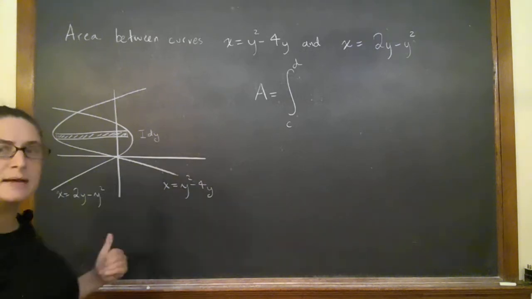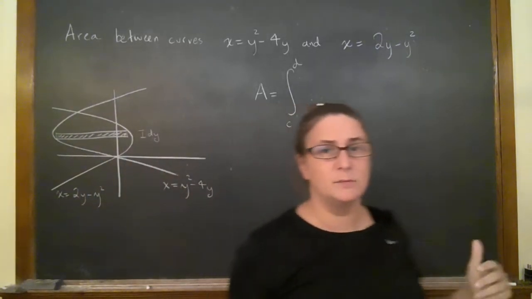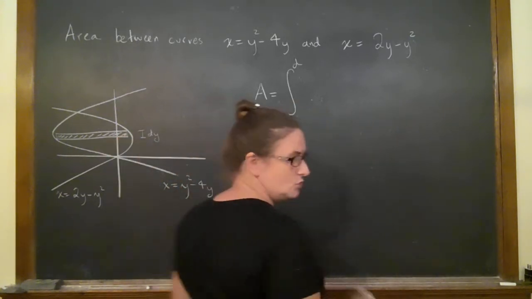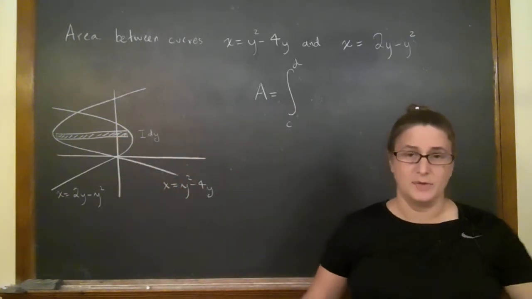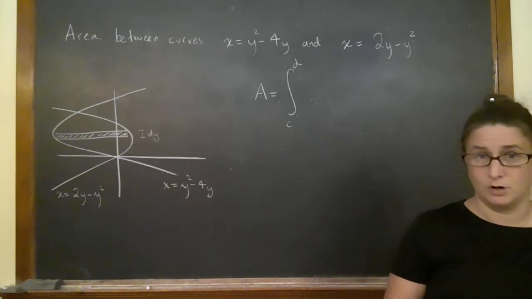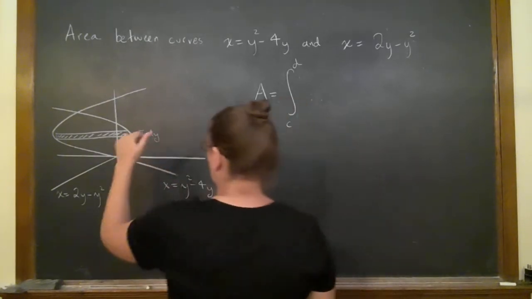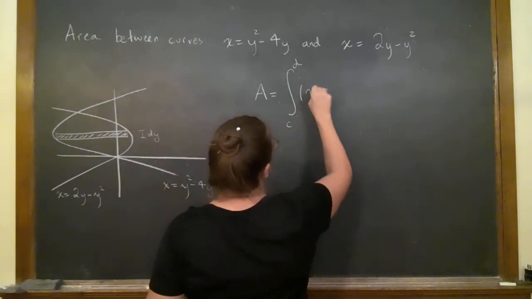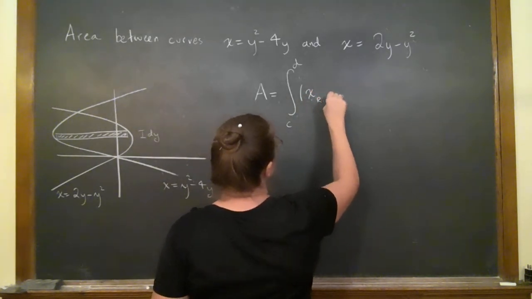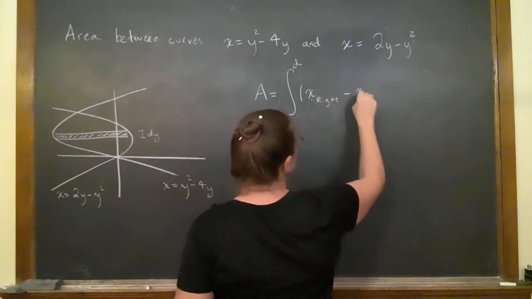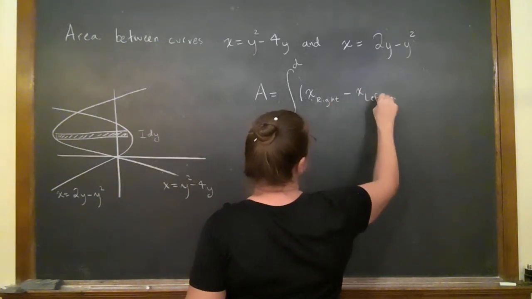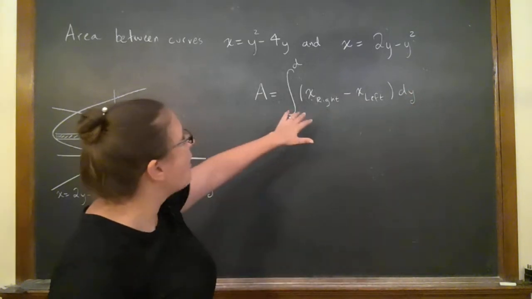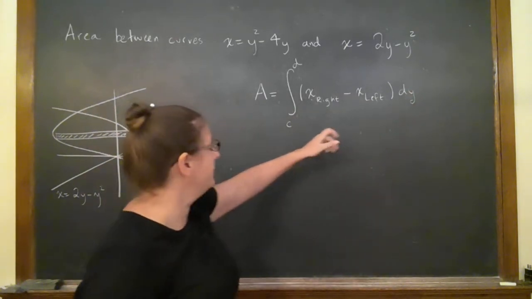In this case, of course, bigger means more positive, so more to the right. So you want to think about this as the curve on the right minus the curve on the left, if you're going to be integrating with respect to dy. So I like to write it as x right minus x left, and then dy. Okay? So all your variables will now be y.